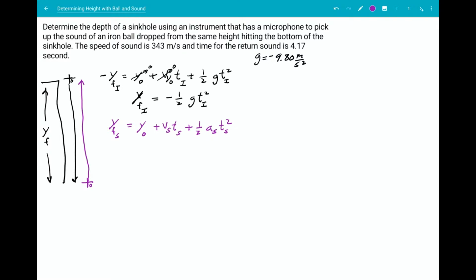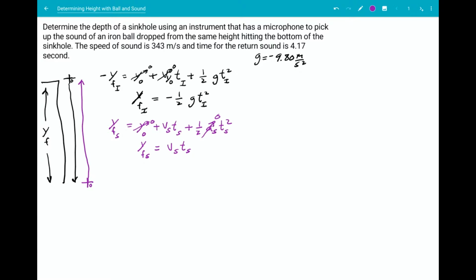Well, now let's look at what we have here. We have y initial 0 at the bottom. We also know that sound is a constant. It doesn't speed up, or you would hear different frequencies or sounds. So I'm just going to say 0. And now in this case, the y final sound is equal to Vs times the time of sound.